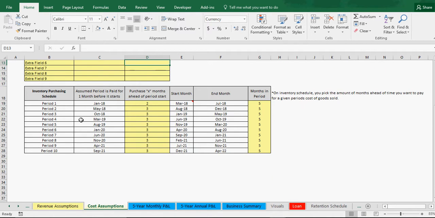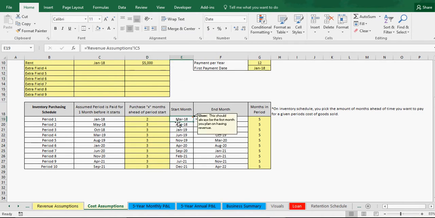Then we have, alright, this is our second major logical situation, and I hope I don't screw this up in explaining it, but it's supposed to be, in my mind, the easiest way to plan for inventory in the most dynamic way. So what this does is this auto-populates based on whatever the first month of revenue is, and then everything else is driven by what you put into here and here.